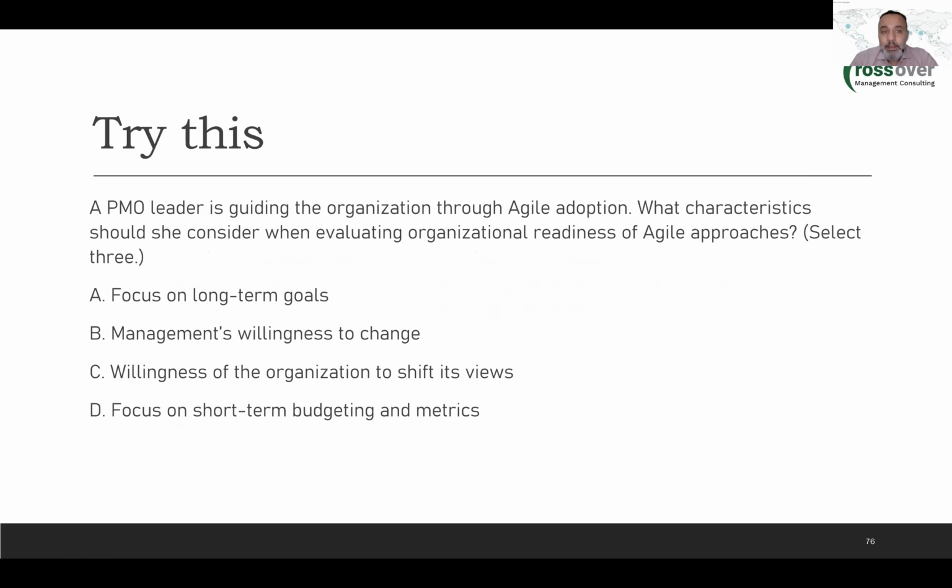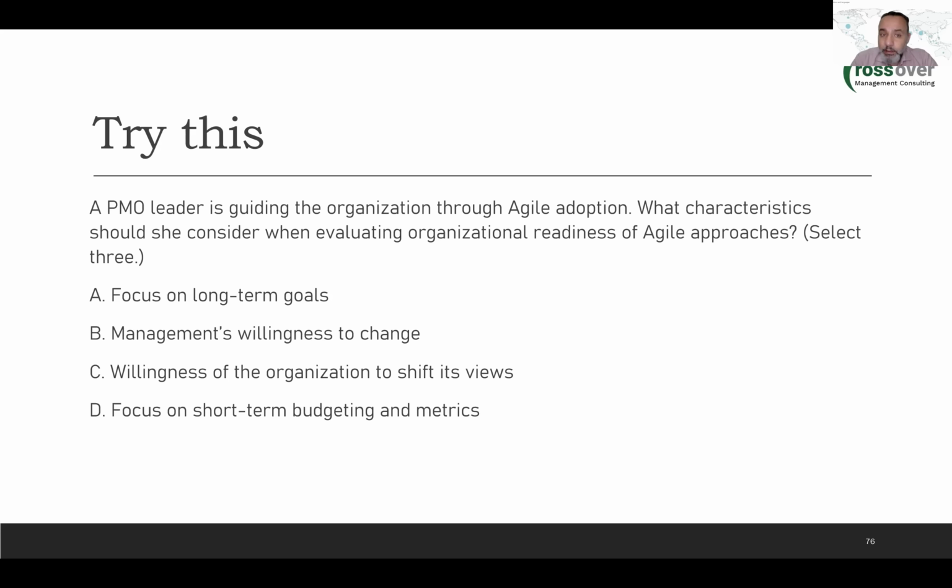Okay, a PMO leader is guiding the organization through agile adoption. What characteristics should she consider when evaluating organizational readiness of agile approaches? If we want to evaluate whether this organization is ready to adopt agile or not, what do we evaluate? Select 3 answers.